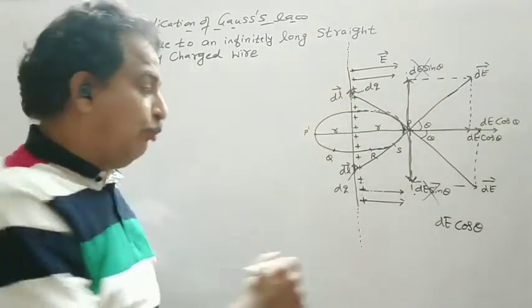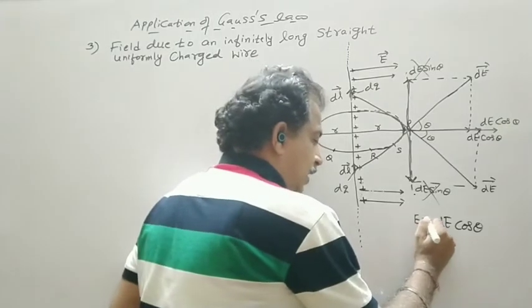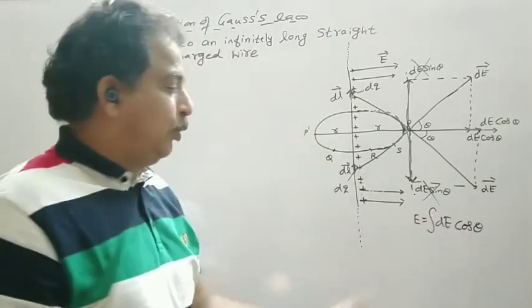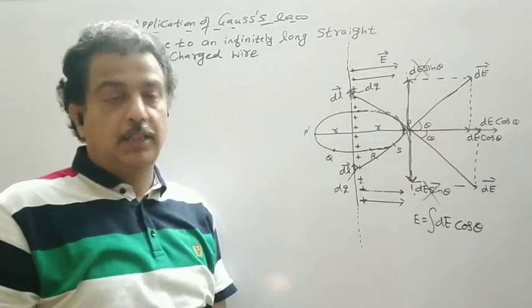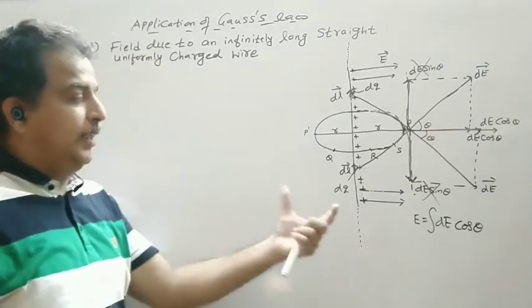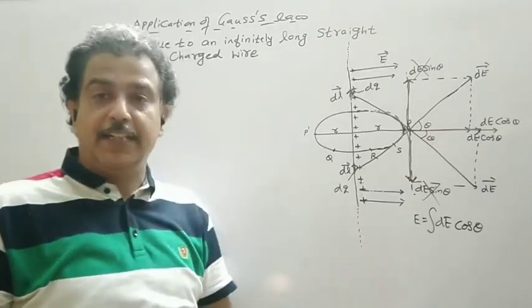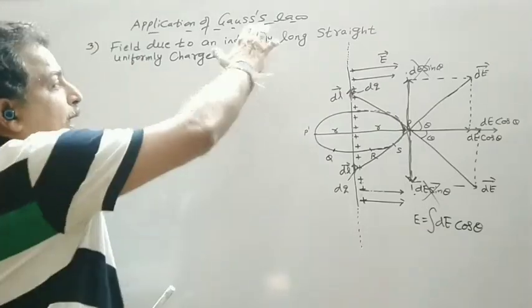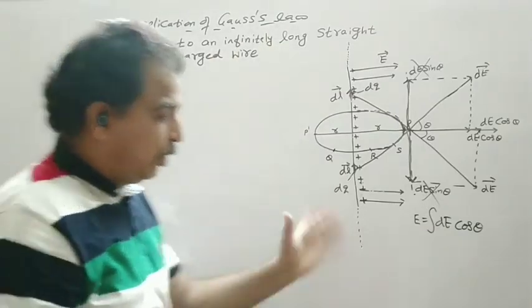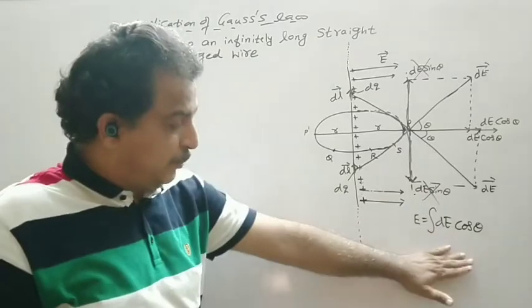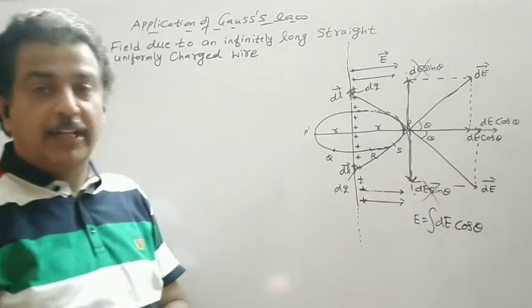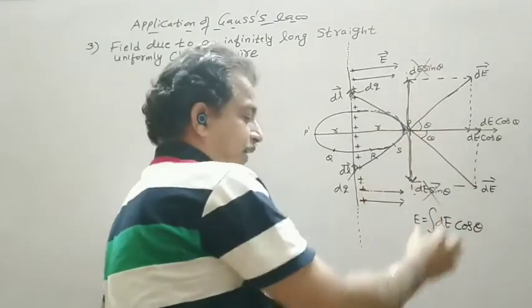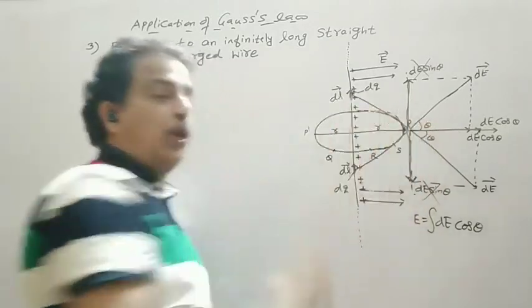So if I want to find out the resultant electric field intensity, I have to do the integration if we are applying the definition of the electric field intensity. But here we have to apply the Gauss law. So we are not going to take this method, though we can easily find out with the help of mathematics the electric field intensity at this point.